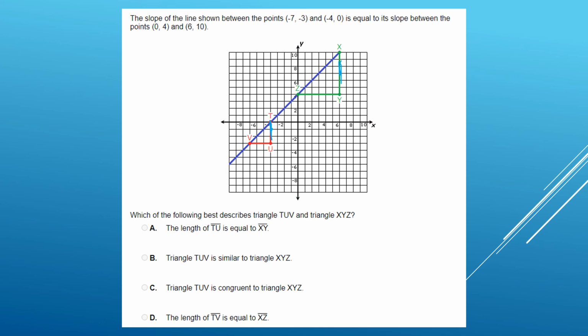TU is only 3 units. XY is 6 units. Okay, TUV is similar to triangle XYZ. Yes, it is. Triangles on a line are always similar. They are not always congruent. Okay, and TV is equal to XZ. The length is not congruent, only the slope.